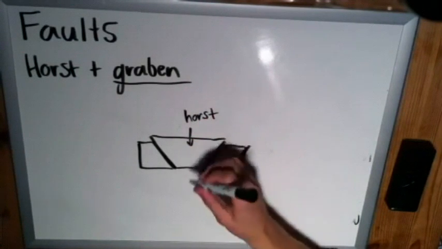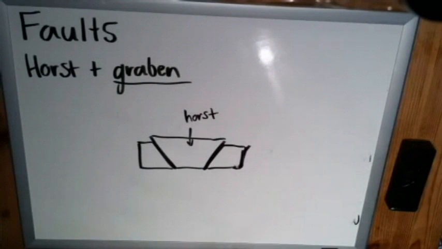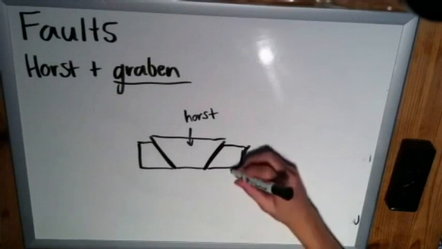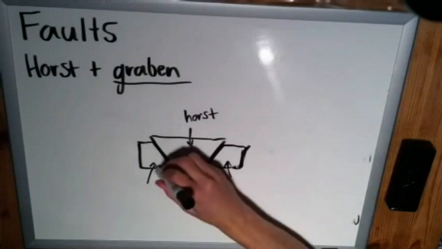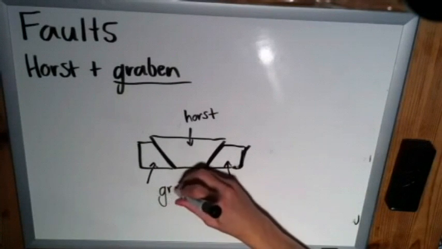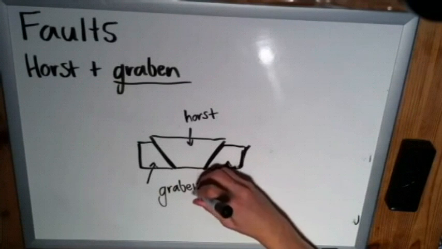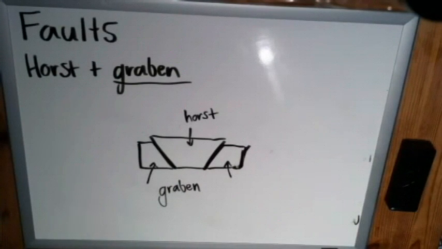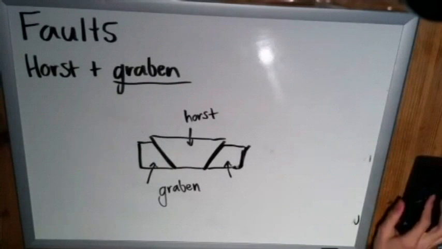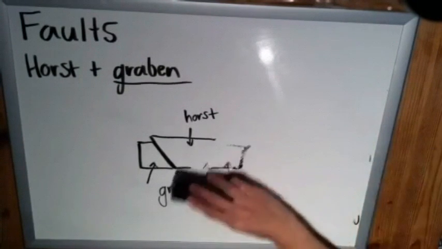It is the block that is upthrown in scenarios like these where you've got two faults. And I just remember that horst sounds kind of like hoist. It is hoisted upwards. And then, naturally, the other two, those are the graben. No real clever way to remember those, I guess. It's really a strange word, but just remember it's the opposite of horst, and you'll be fine.